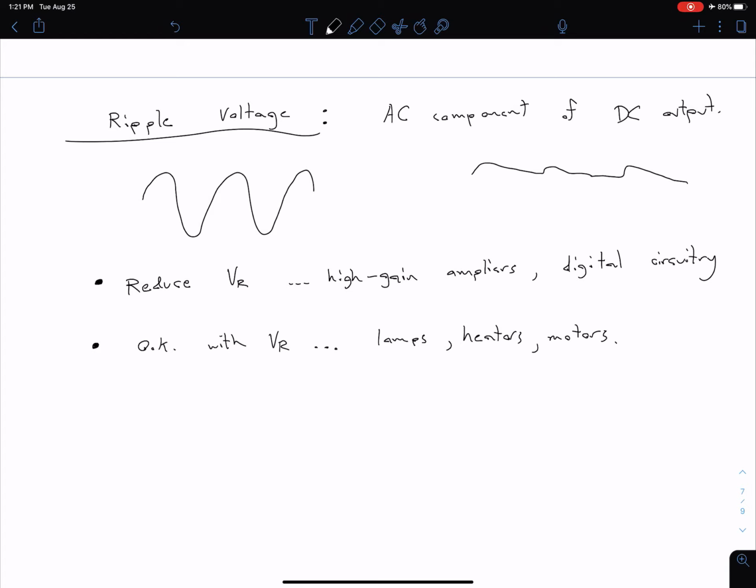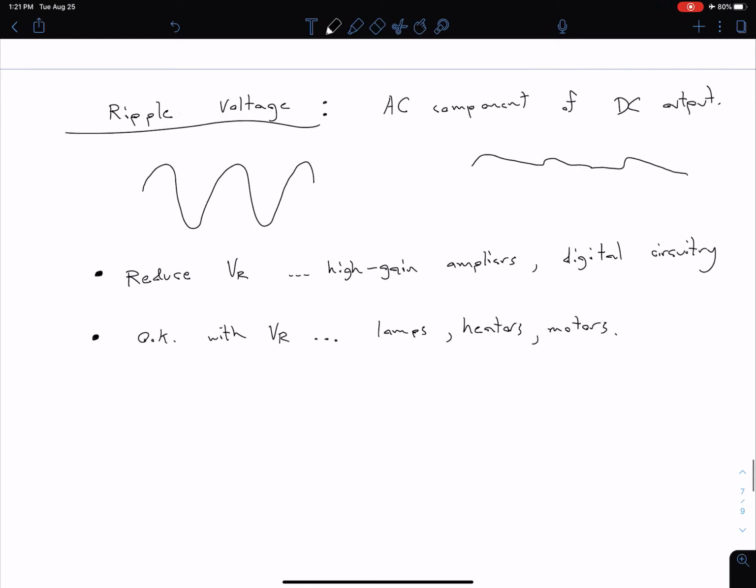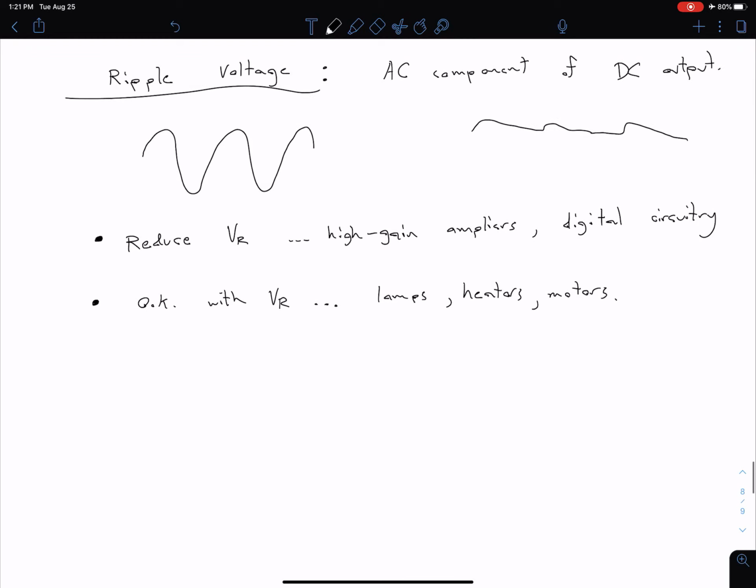One other design note in terms of this ripple voltage is we want to be careful not to over design. What I mean by that is, we know that, for instance, for lamps, it doesn't really matter if we have a large ripple voltage.